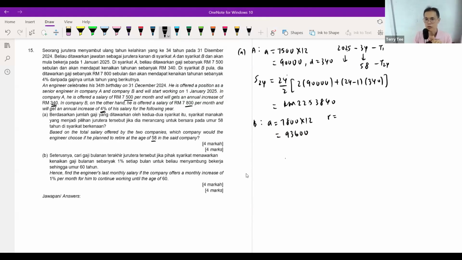Yeah, annual increment 4%. 4% is 104 over 100. Right? You take 100 plus 4% is 1.04. So you find S24 using geometric progression. So we take 93600. Your r is 1.04, power 24 minus 1 over 1.04 minus 1.